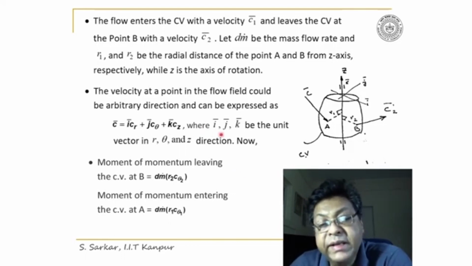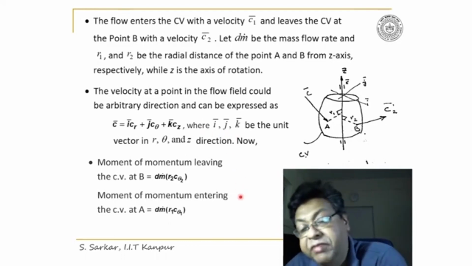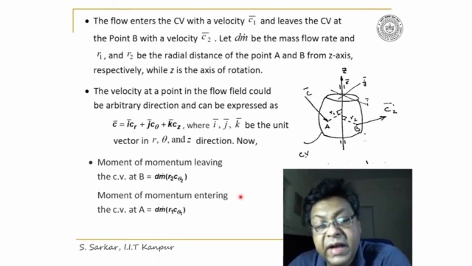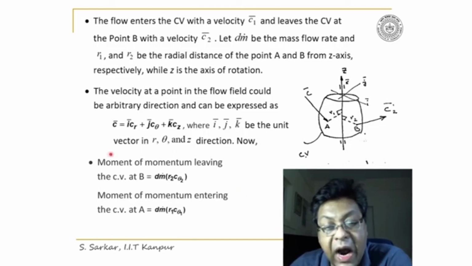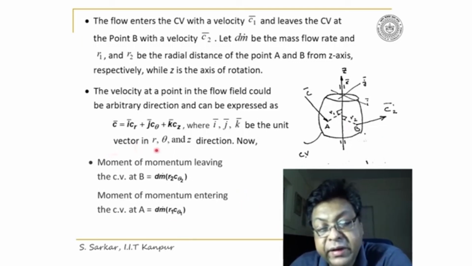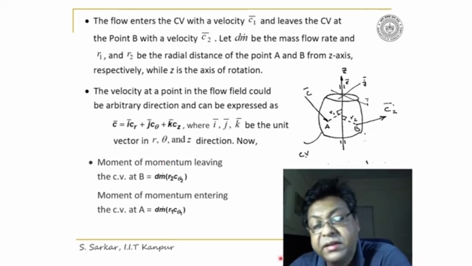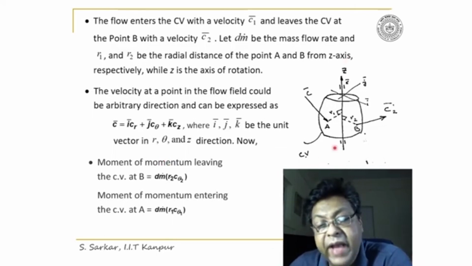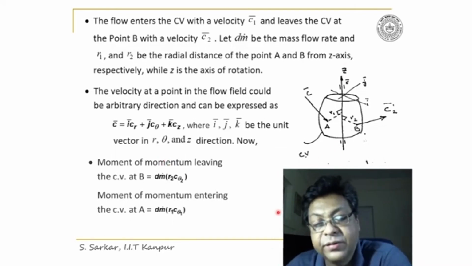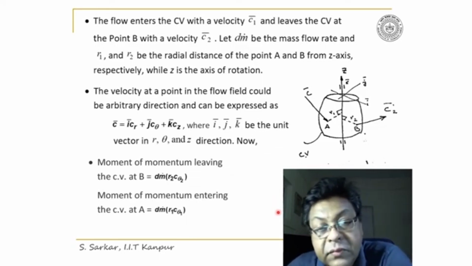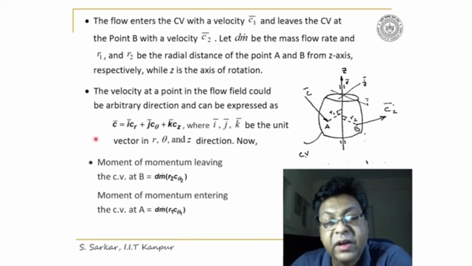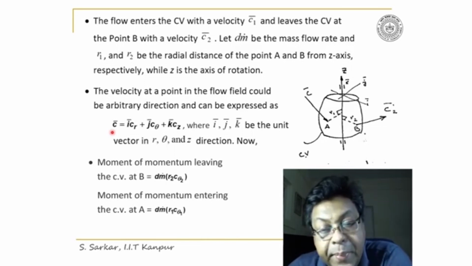Furthermore, let i, j, k be the unit vectors in the direction of r, theta, z, where r is the radial direction, theta is the circumferential direction, and z is the axial direction along the axis of rotation. Thus, I can express the velocity field C as i into Cr plus j into C theta plus k into Cz.